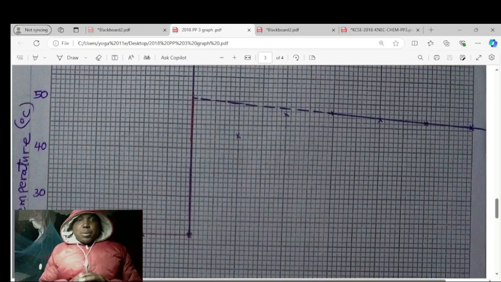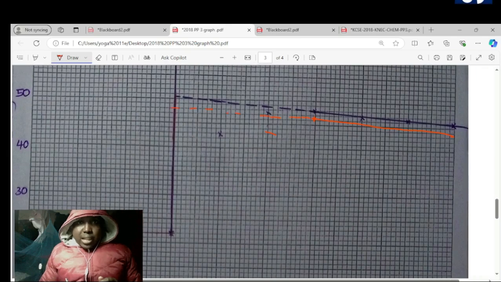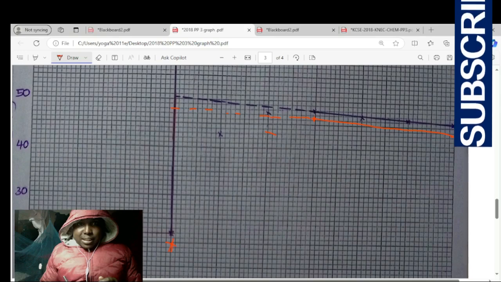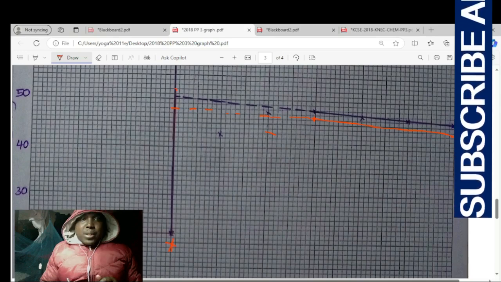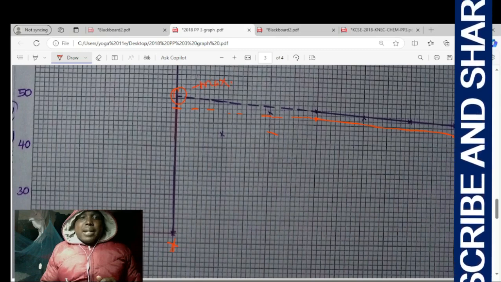So you take these points, these four on this side, and you draw a line using these 4 points until it reaches here. So you extrapolate using dots this line to our X. Remember here we have X, that is the reference point. At this point here, this is where we have the maximum temperature.